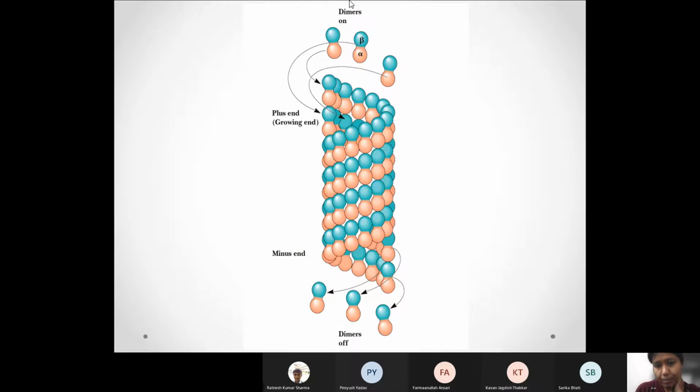We know that microtubules, although both alpha and beta bind to GTP, GTP hydrolysis does not promote polymerization per se. GTP hydrolysis at the beta is known to destabilize this lattice structure of microtubules, right?